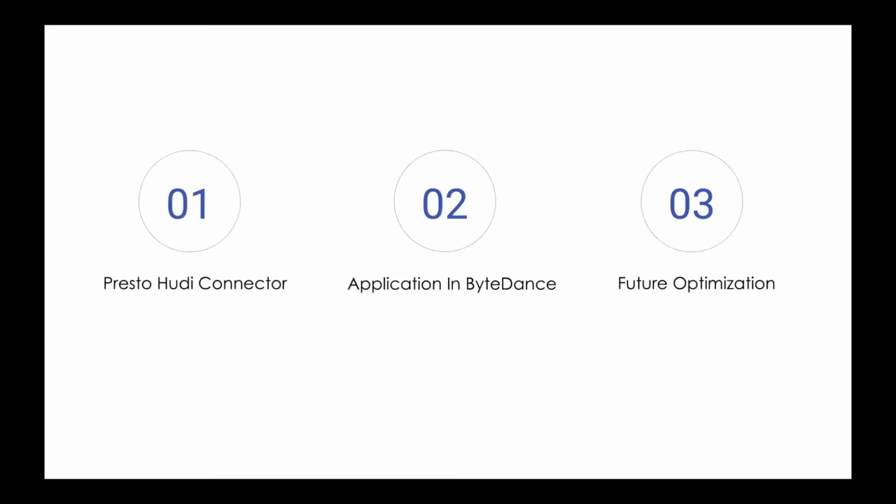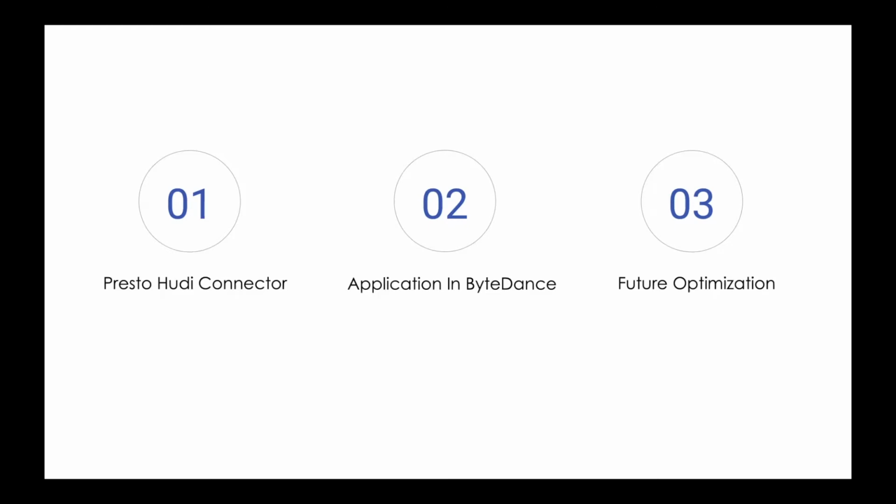The topic will cover 3 parts. First, I will introduce the PrestoDB Hudi Connector architecture and tell users how to configure the native Hudi Connector to create an open data lake source with Apache Hudi and Presto.